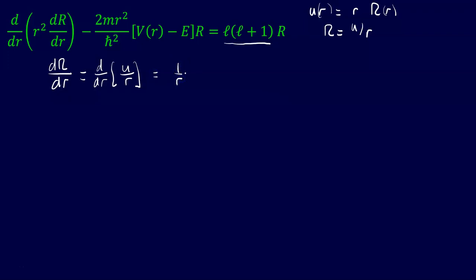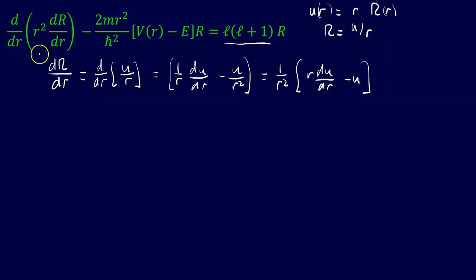And so make sure you follow me here. But if I go through, there'll be a product rule here, and then you can write this in an especially nice way, 1 over r squared, r du dr minus u.